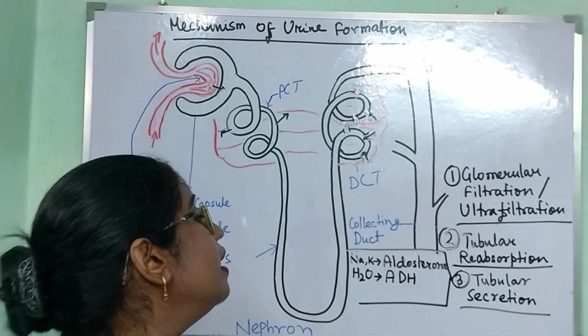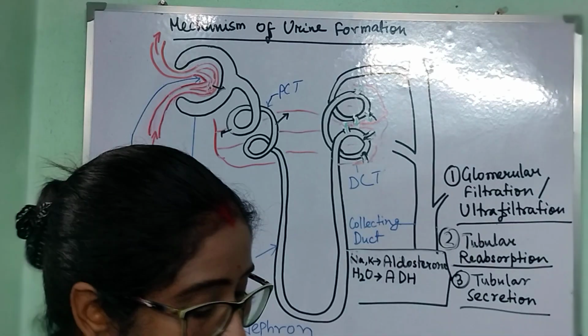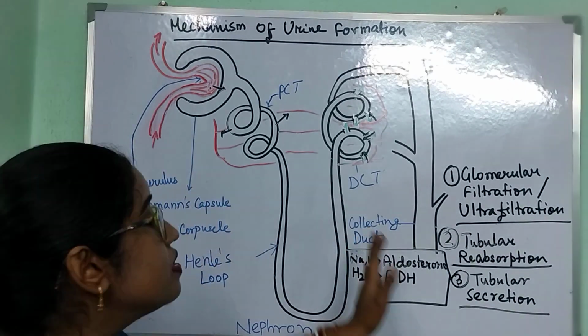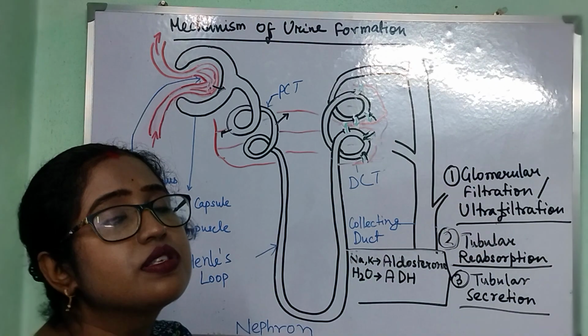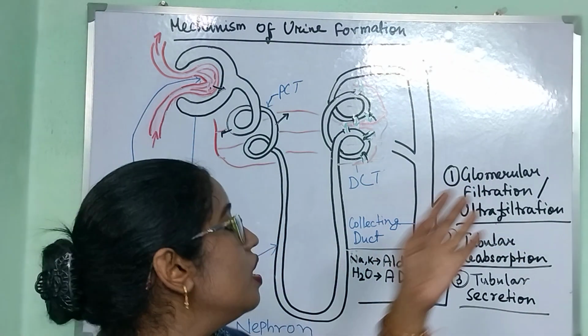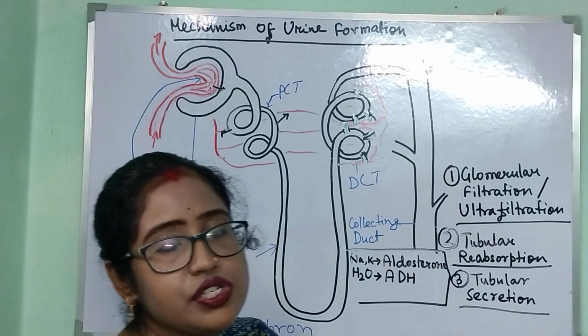That is why it is known as tubular secretion. These three are the mechanisms of urine formation. First is glomerular filtration or ultrafiltration, second is tubular reabsorption, and third is tubular secretion.